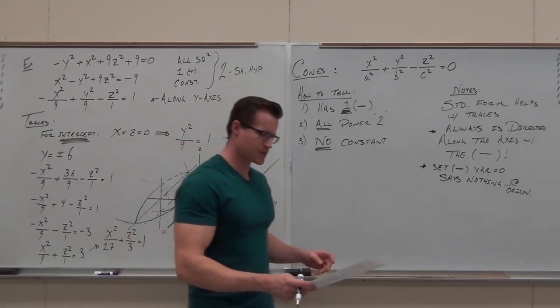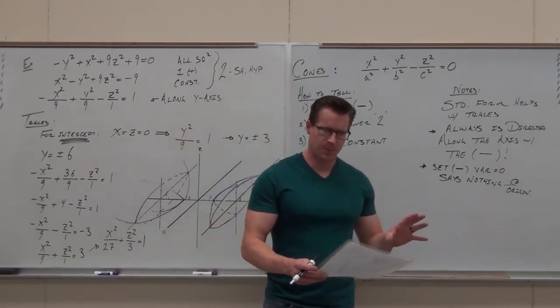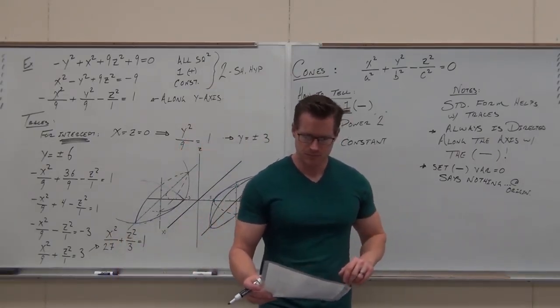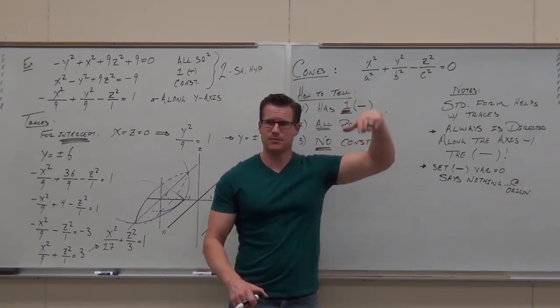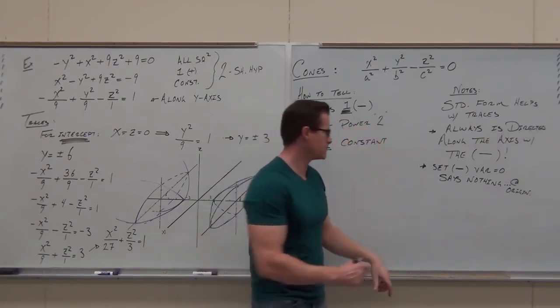So the idea then is, let's plug in some values for the negative variable that are divisible by the denominator. That's what we want to do.